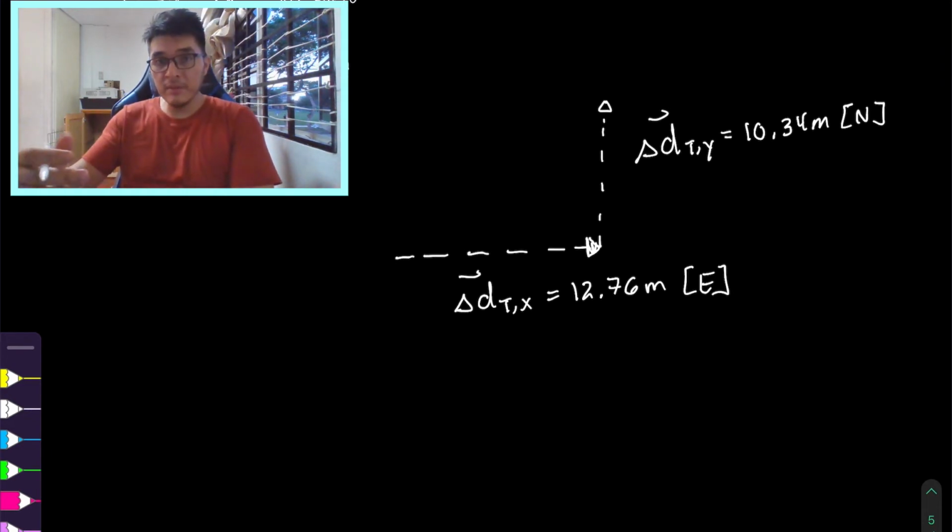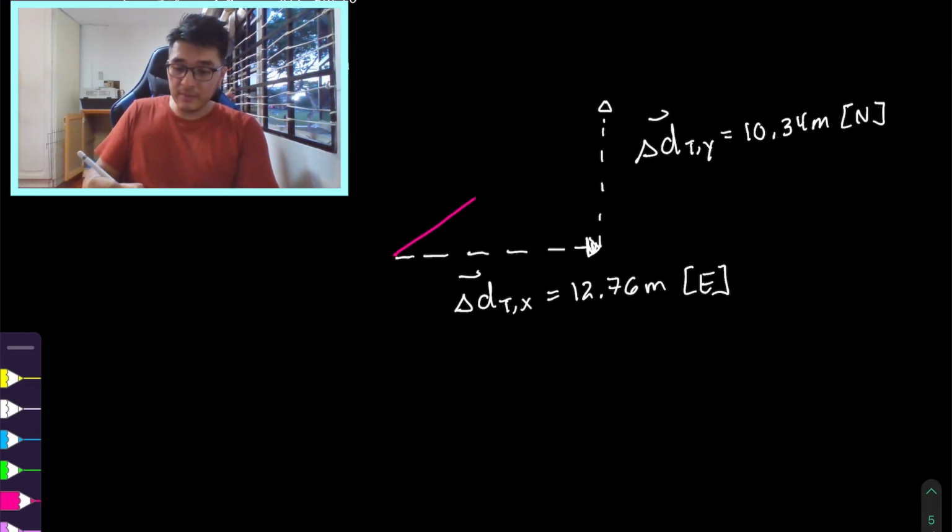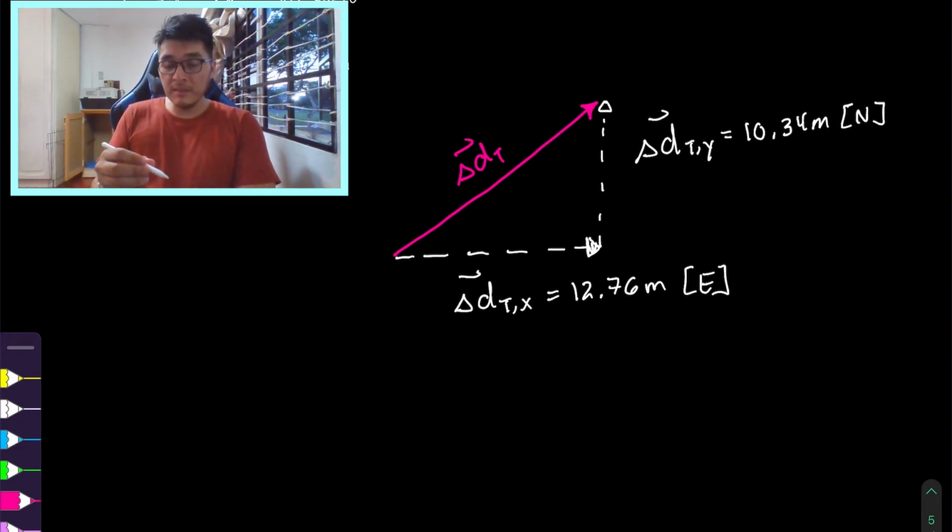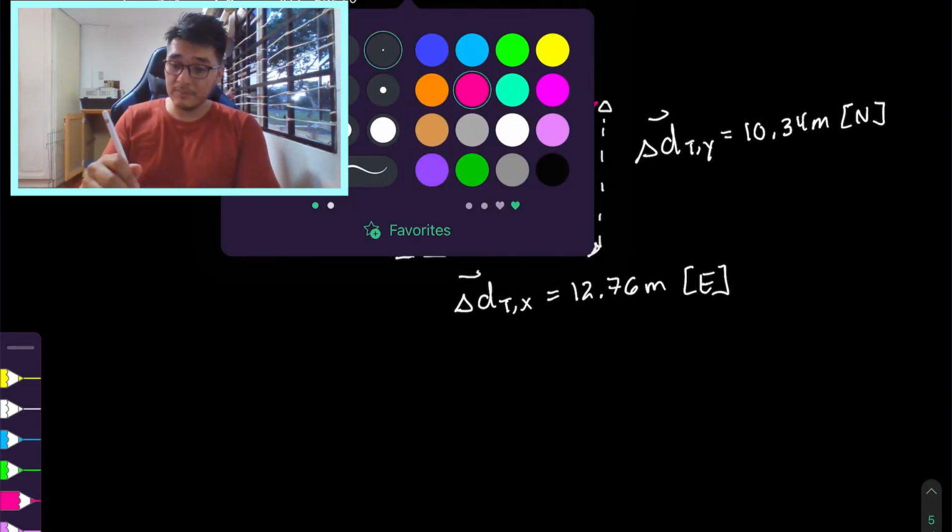So we found these two values, but now to actually find the displacement vector, it was the hypotenuse. So what that means is that now we're going to have to use Pythagoras to find the magnitude, and then we're going to have to use the tan ratio to find the angle to give us the direction. So it's a lot of work.